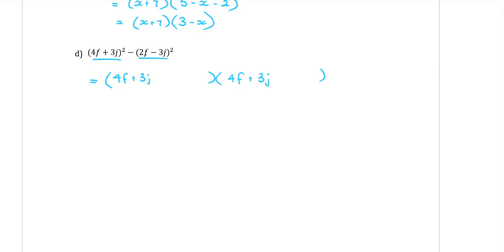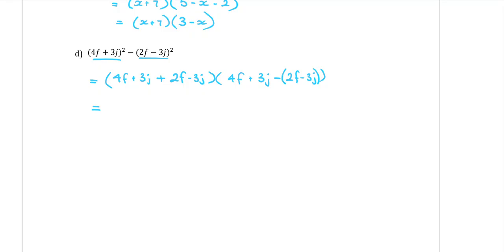Then, square rooting the second one, I will have a 2f minus 3j and a 2f minus 3j. Now again, like the last question, when I do the positive version, all the symbols just stay the same. But when I do the negative one, I'm going to need to expand that minus through those last two terms. So let's simplify this down now.